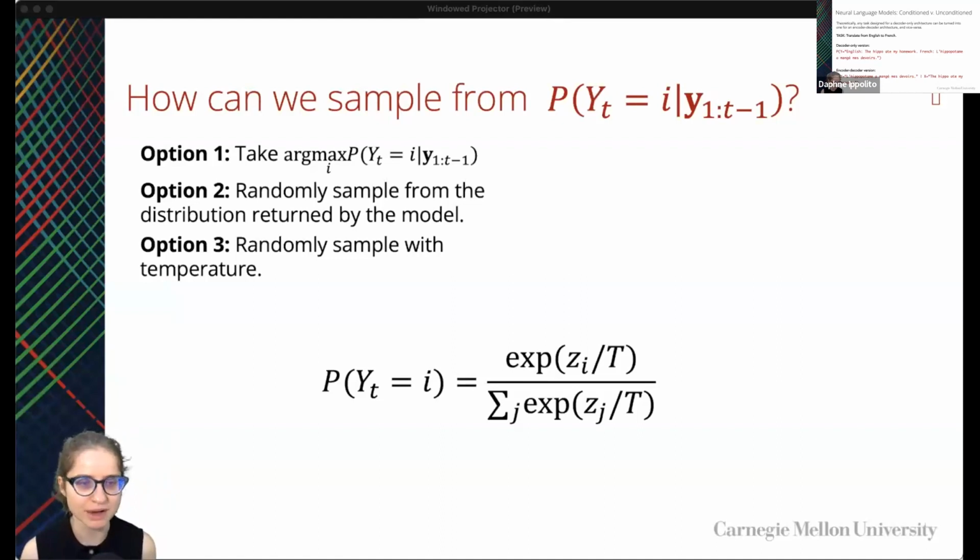Dividing by t basically redistributes the probability mass. If you set t to values greater than 1, as t gets bigger, your distribution looks more and more like the uniform distribution. As you set t closer to 0, you get a distribution that looks more and more like just taking the Argmax, putting all of the probability mass on the most likely token.